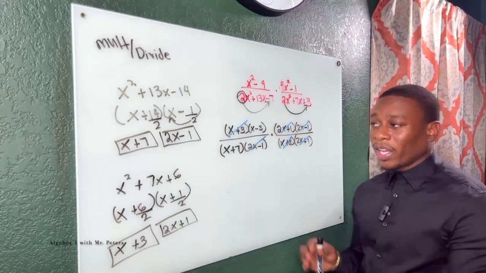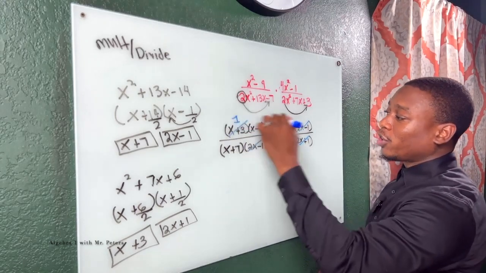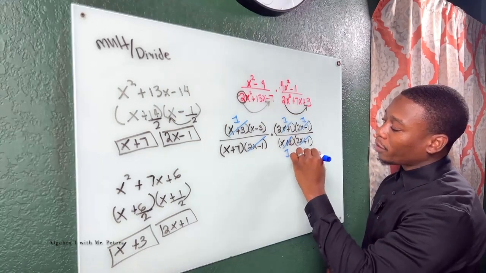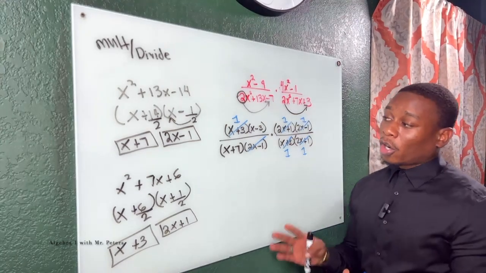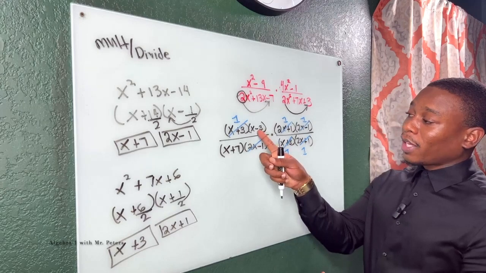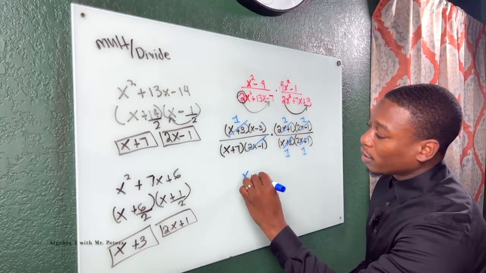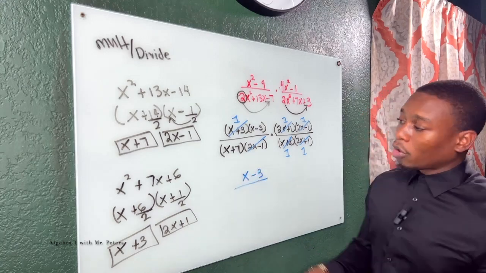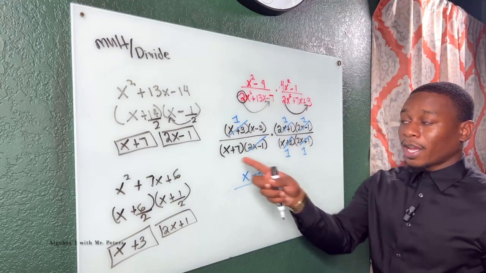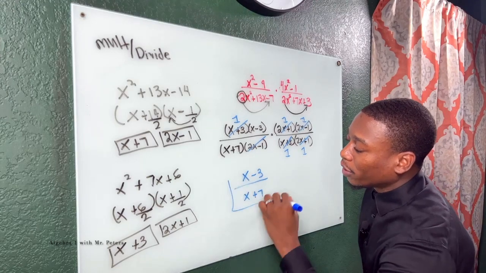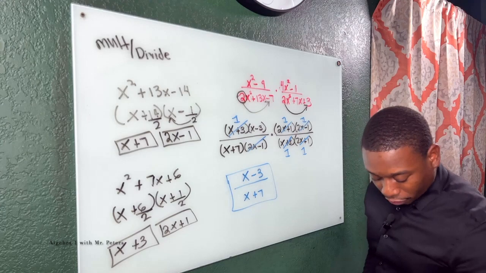And remember, when we cancel things out, it's just 1 now, right? So this is why you don't see me putting anything there. It's just 1. So all that we have left is x minus 3 on top. Everything canceled out to 1. So we have x minus 3 on top, all over, and the only thing that I have on the bottom is now going to be x plus 7. And this will be our final answer.